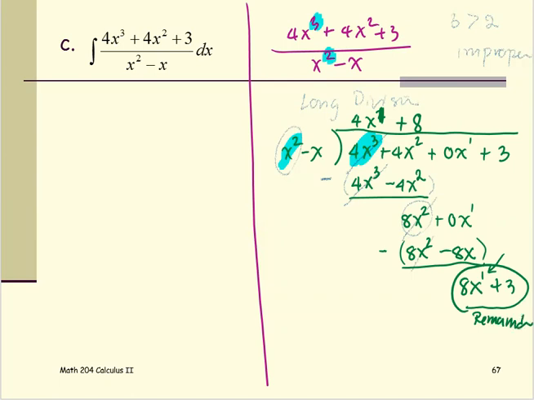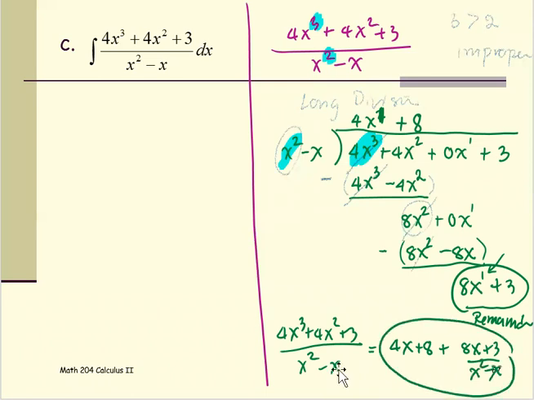Okay, in summary, the expression 4x to the third plus 4x to the second plus 3, all divided by x squared minus x, using the long division gives us the whole expression 4x plus 8 plus the remainder 8x plus 3 divided by the denominator, x squared minus x.